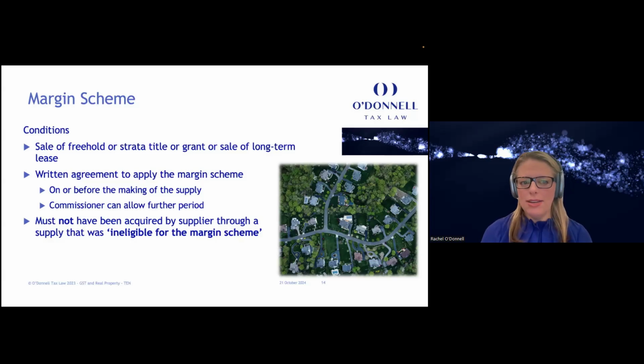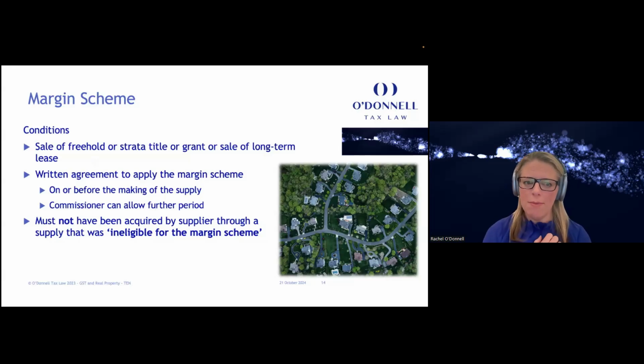Another requirement or condition is that the property must not have been acquired by a supplier that was ineligible for a margin scheme. What that means is that when the vendor purchased the property, most commonly, it can't have been acquired as a taxable supply without applying the margin scheme.